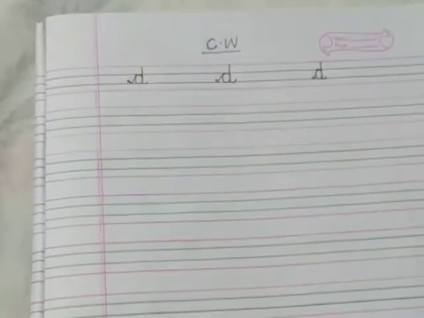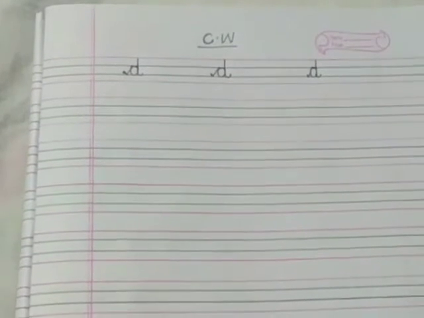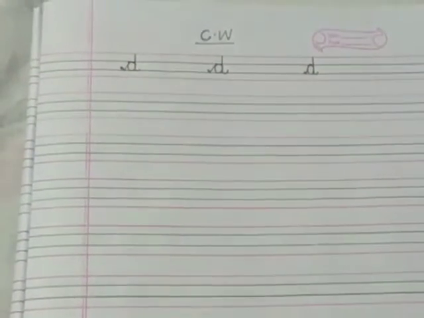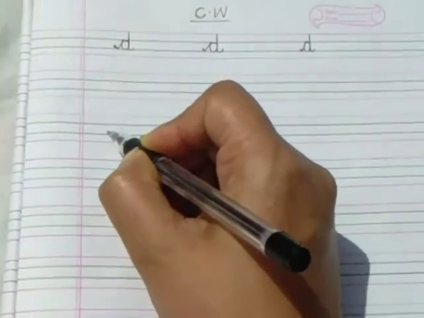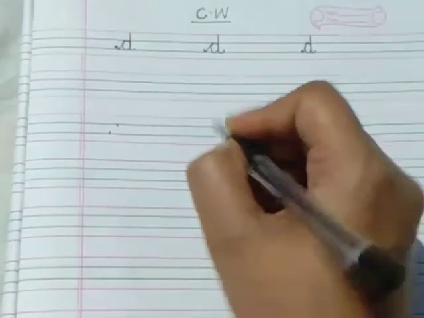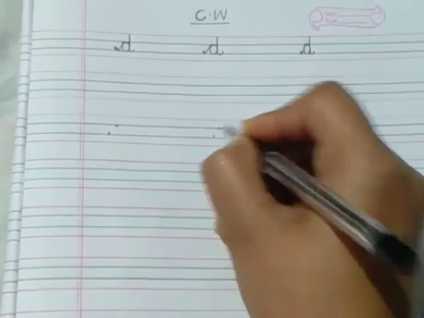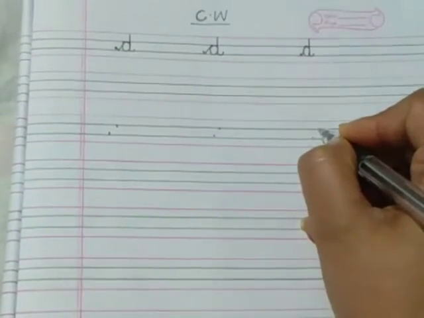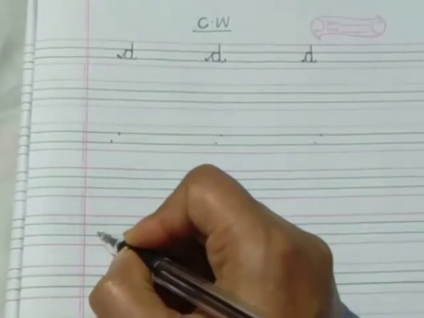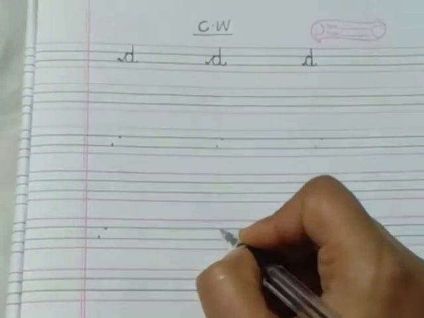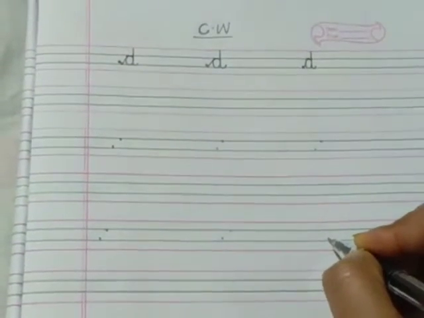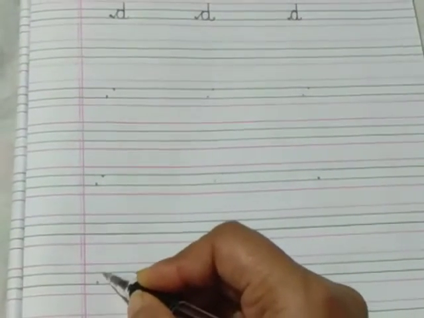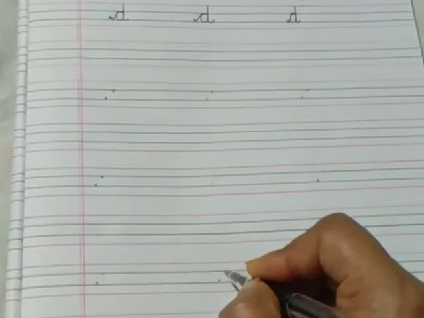Okay, I'll show you 2 to 3 times more, and then after that you have to practice in the whole page. Okay, let me put the dots. Letter D. As you have written letter C, the same will be followed for letter D, and thereafter you will see that the same will be followed for letter A. Okay.